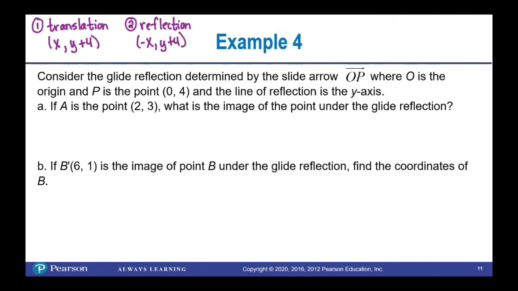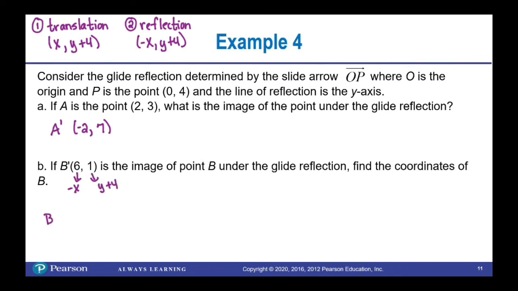If we have the point 2, 3 in part A, we want to know what is the image of that point under a glide reflection. We have our formula. It's negative x, so A prime would be negative 2. And then y plus 4, so 3 plus 4 is 7. Now look at part B. In part B, we're given B prime, or the image of B, under the glide reflection, and we want to find the coordinates of B. Now remember, the coordinates under the glide reflection are negative x and y plus 4.